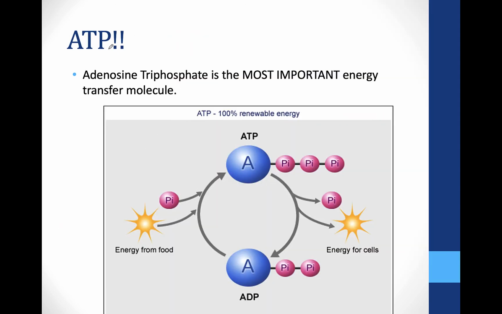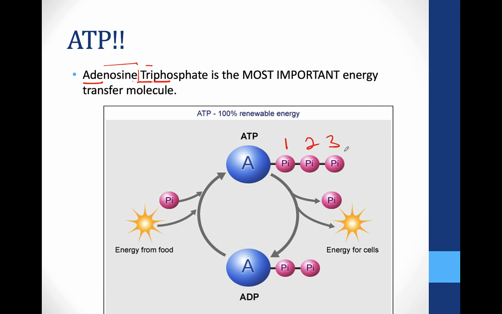So ATP stands for adenosine triphosphate. Adenosine is the nitrogenous base, and the important part is the triphosphates. This is our energy transfer molecule. So here's an ATP, and it's triphosphate because it has 1, 2, 3 phosphates.